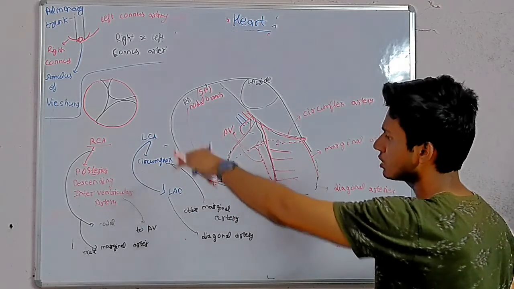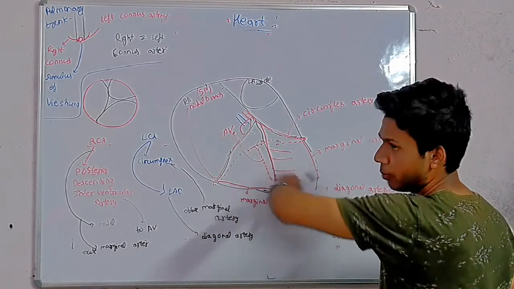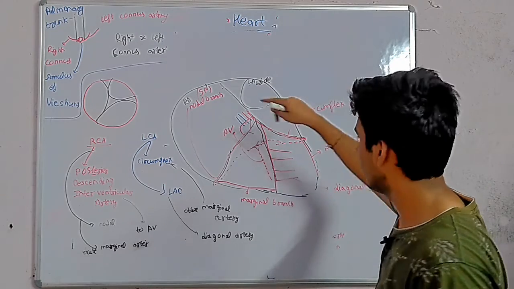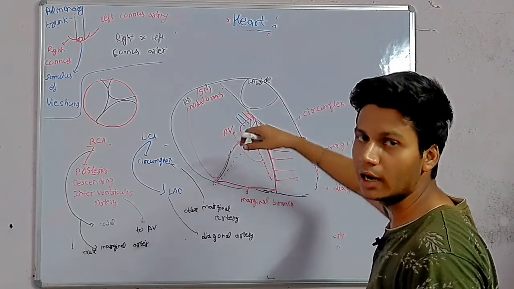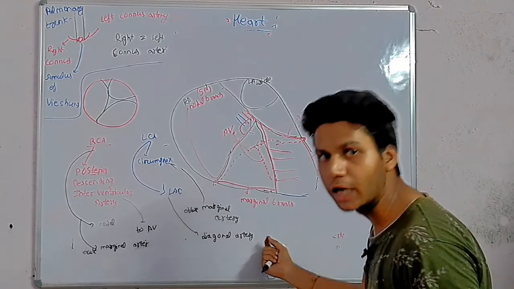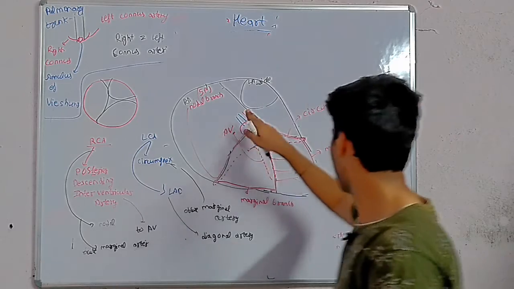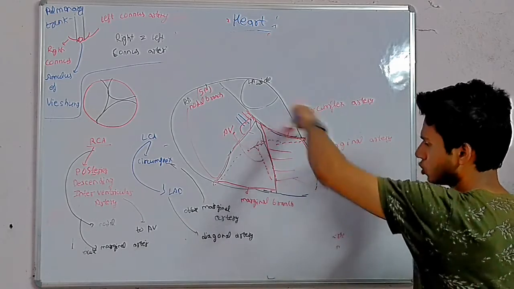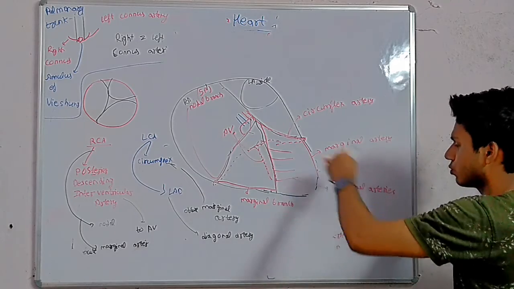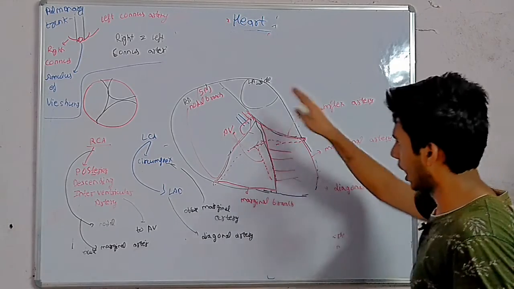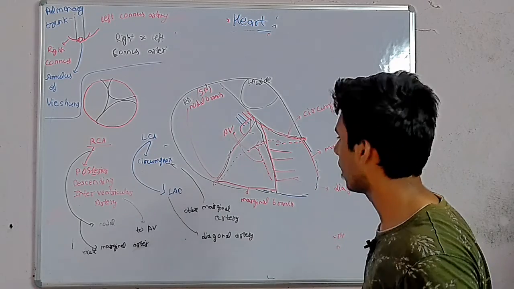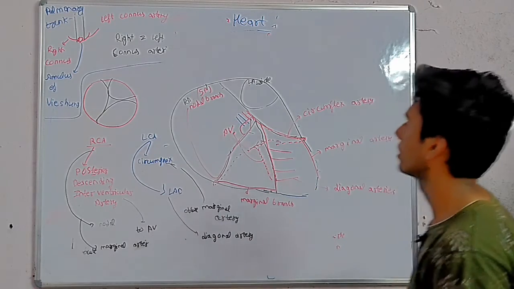Just before the anastomosis, the RCA gives a branch, the posterior interventricular artery, which goes near the apex, and anteriorly the left coronary artery gives a branch called LAD, left anterior descending branch, which goes near the apex where they form an anastomosis. On the left side, the circumflex artery forms an anastomosis posteriorly. The circumflex gives the marginal artery, the diagonal artery arises from the LAD, and on this side are nodal branches, AV node branches, and marginal arteries. So this is the arterial circulation.